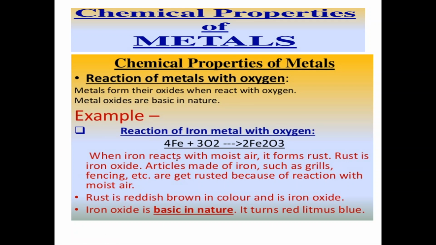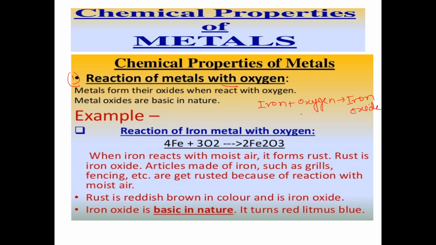Next is the chemical properties of metals. First is reaction of metal with oxygen. You have seen rusting of iron. How it occurs? Iron on reacting with moist air containing oxygen, brown color rust is formed, which is iron oxide.